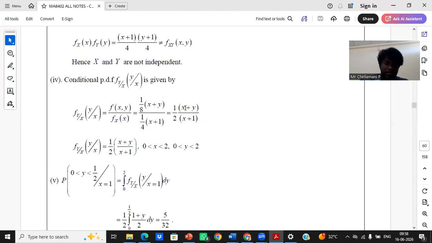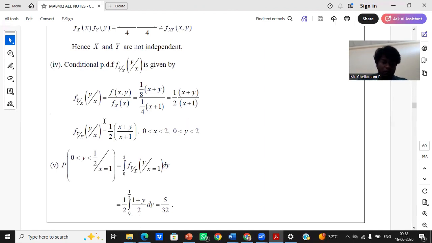Simplify this, we will get 1 by 2 of x plus y by x plus 1. So f of y divides x is equal to 1 by 2 of x plus y by x plus 1, and the limits of x are 0 to 2 and y is 0 to 2.